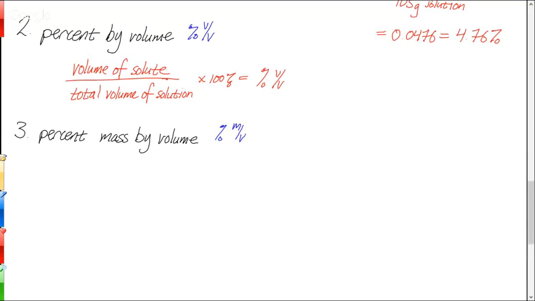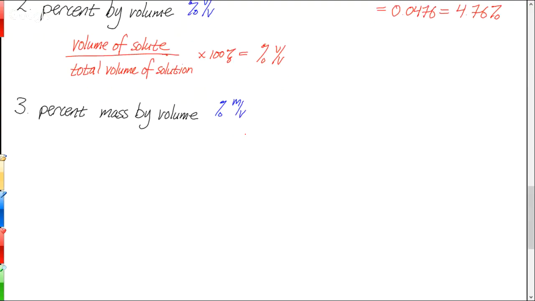Percent mass by volume, because it kind of mixes units like this, requires specific units, and that is grams of solute per 100 milliliters of solution.